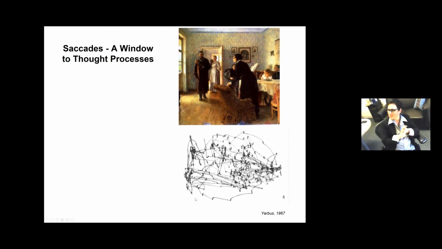So what this tells us is that we can use eye movements as kind of a window on internal processing or thought processes. And in this particular case, we see the influence of instruction, right? So there's something going on within the subject that we don't have access to other than through how they move their eyes around. So we use eye movement measurements as a way to make a behavioral assay of these internal processes. And as I said, in this case, you see the influence of instruction.